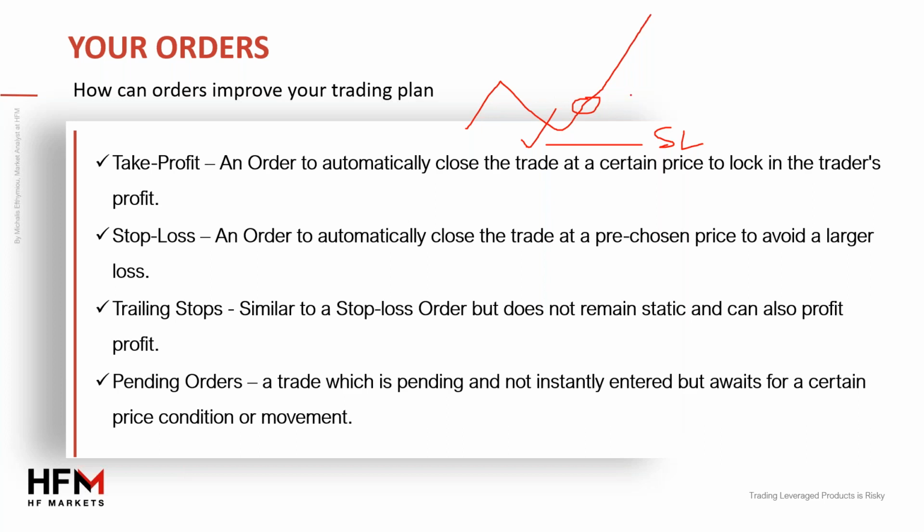So let's say, for example, you open the trade at $90, you're placing the stop loss $10 below. So here you've got a $10 trailing stop. So it's at $80. And let's say you're currently now at $150. What happens is your stop loss, which is actually a trailing stop, will continue to move up as well.